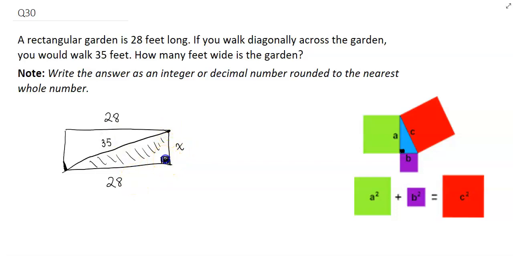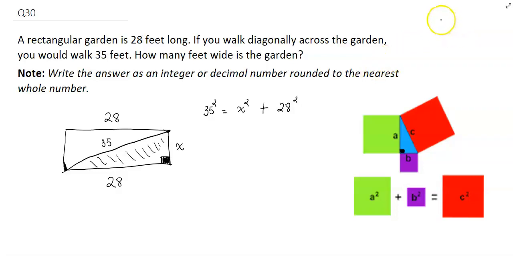The legs are the sides that form the right angle. Then I can use the Pythagorean theorem to find this x. It tells me that the square of the hypotenuse is the sum of the squares of both of the other sides. So if you know how to put this together, now we have to solve.